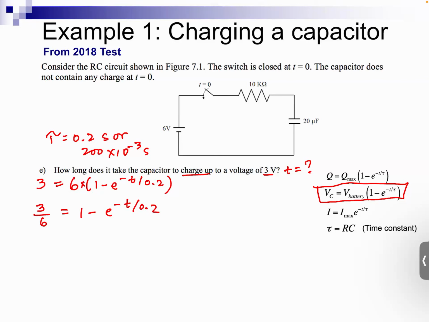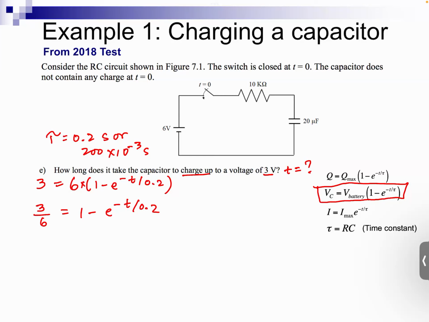Okay, right? And before you can manipulate anything with your time t here, you still need to get rid of this 1 minus. Your e is being subtracted from 1. So you rearrange this equation.